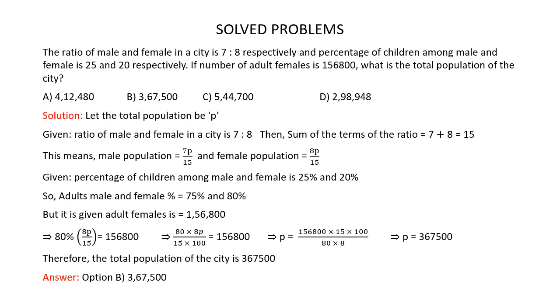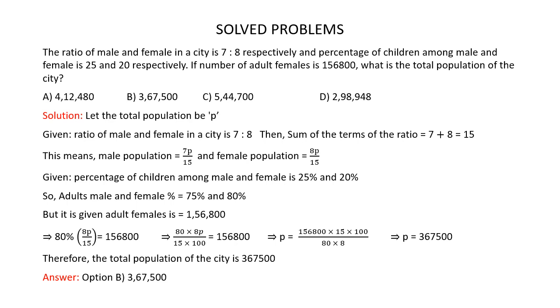This means male population is 7P by 15 and female population is 8P by 15. Now it's given that the percentage of children among the male and female is 25% and 20%. This means adult male and female percentage is 75% and 80%.